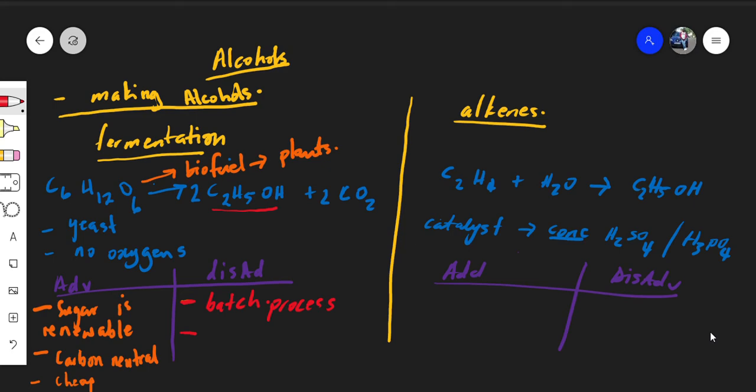The other disadvantage is actually a reverse of this. People talk about it as if it is carbon neutral, like you don't produce anything, but they disregard the fact that you use vehicles, transportation, and machinery that actually use fuels.